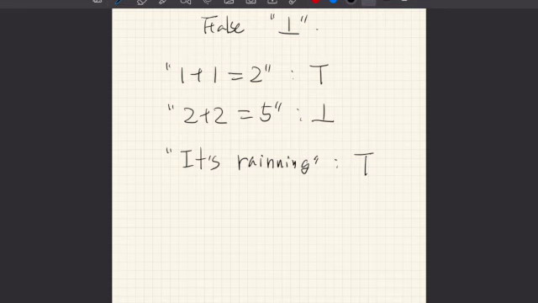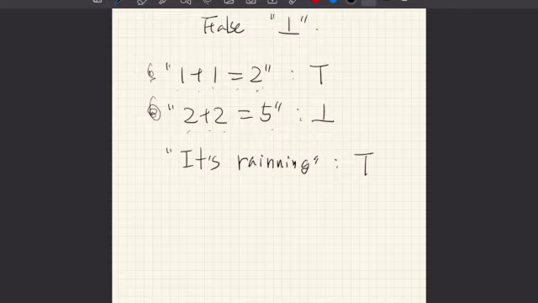Now, if we have two or more propositions, we can combine them in certain manners. For example, 1 plus 1 is equal to 2, and 2 plus 2 is equal to 5. So this and this is yet another proposition.